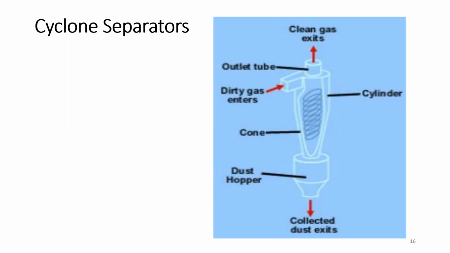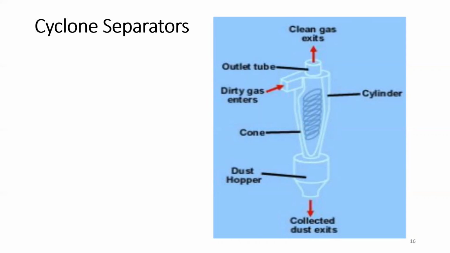This means the dirty gas enters the cyclone in such a way that the heavy particles are thrown out to the walls of the cyclone, and due to gravity again, these heavy particles are separated out in the dust hopper and collected as dust exit.